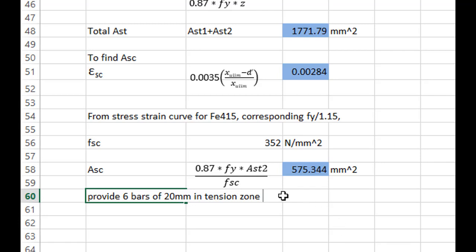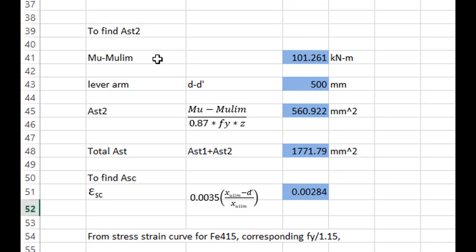So if we calculate, then the AST provided will be 1885 mm square, which you can see is greater than the total AST required.